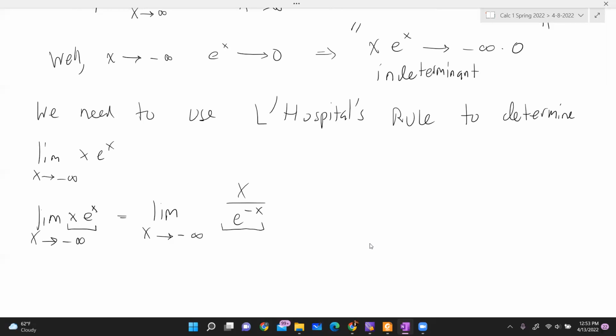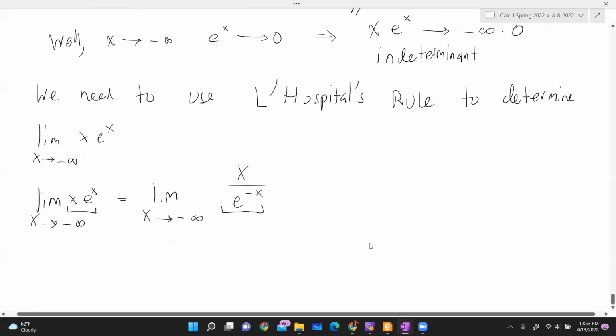Now if you just naively take the limit, as x goes to negative infinity, the numerator goes to negative infinity.